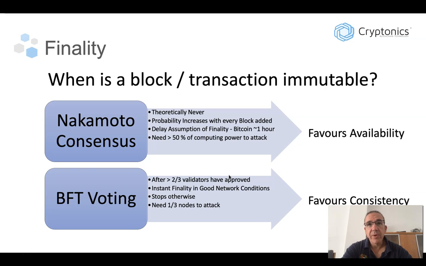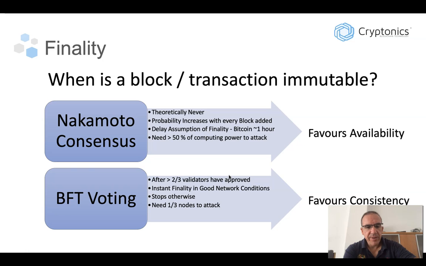That's one of the reasons we use it in smaller validator sets, because if you have 100 nodes which are well connected, it's fairly easy to get to the 67 votes required, and then we have finality almost instantly, and the transaction in this block won't be undone anymore.